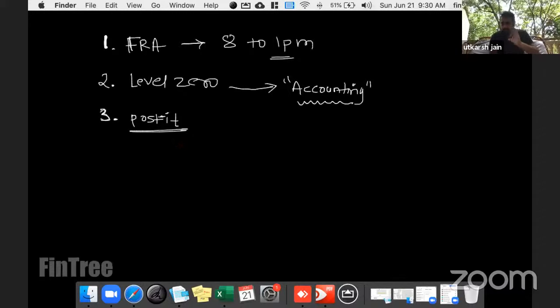Those sticky notes that you get. I want you to buy post-its from a specific company called 3M. We are going to buy only 3M post-its.